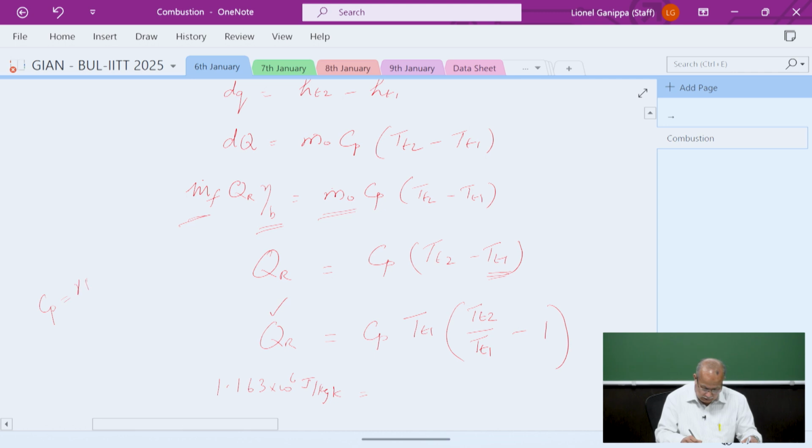Cp equal to gamma R by gamma minus 1. I don't know, 1004 or 1005, what value are you getting?